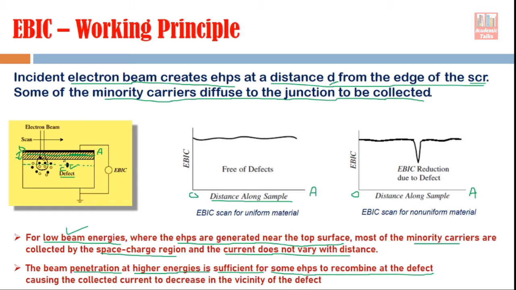But when the electron beam reaches here at C, because of the presence of this defect, recombination of carriers may take place, and not all carriers will be able to reach the space charge region, so there will be a reduction in the current. That reduction in current is because of the defect which is present here.